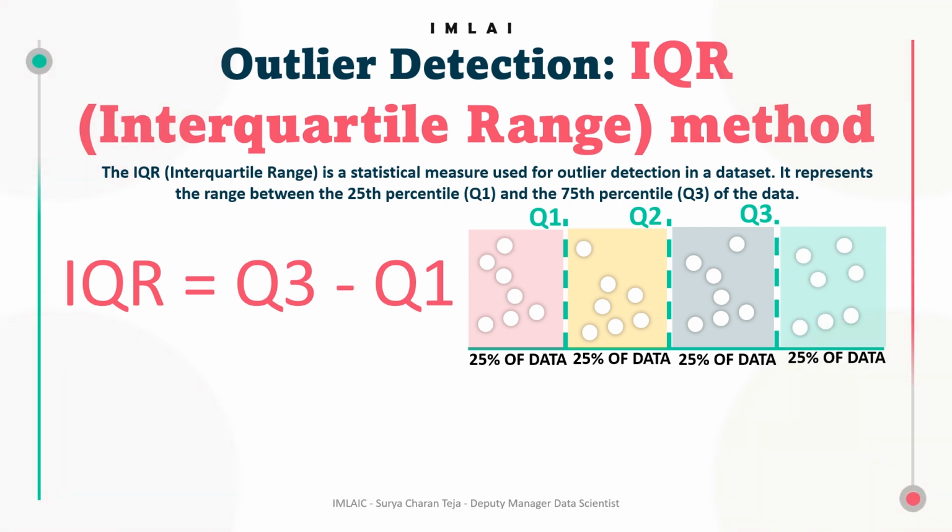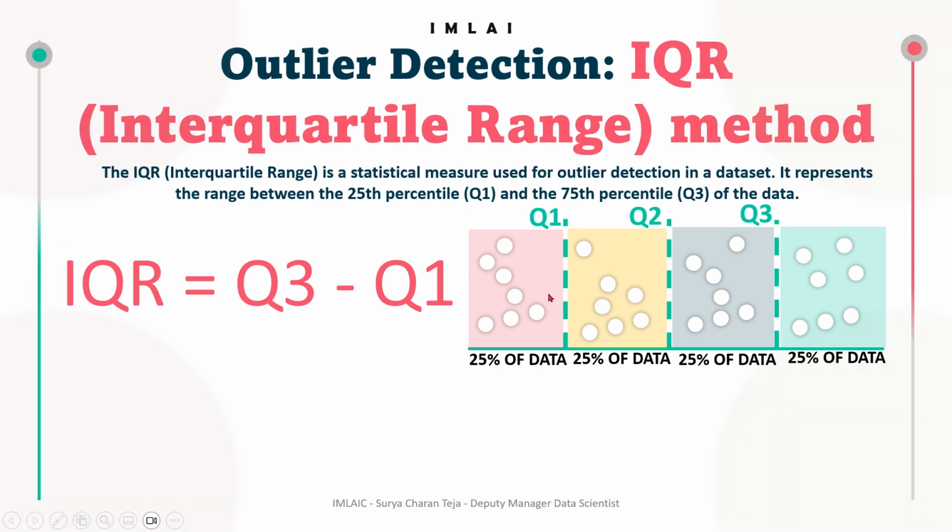So IQR represents the range between the 25th percentile, Q1, quartile 1, and the 75th percentile, Q3, of the whole data. Here when we say 25%, it's a frequency. If you have 100 data points, then 25% of 100 data points falls below quartile 1, that is 25.